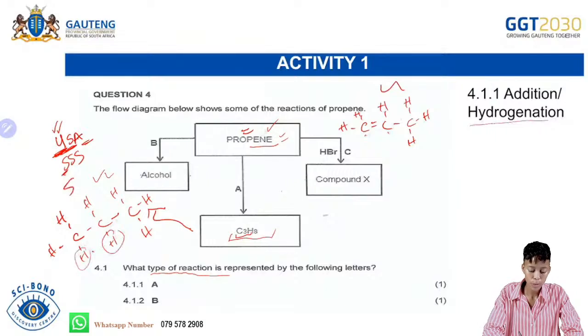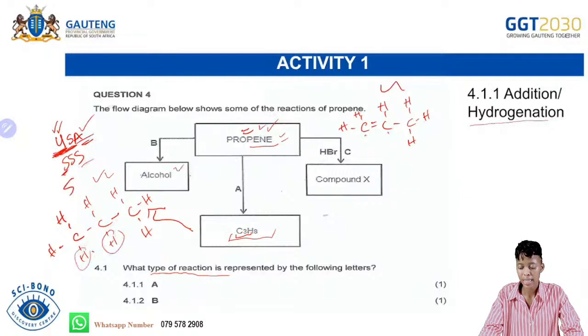Then the next letter there is letter B. So we are moving from, again, unsaturated. So it's going to be in between addition and substitution. So immediately you can see that you are moving from unsaturated. It means that the alcohol is saturated. So therefore, again, it is going to be an addition reaction.